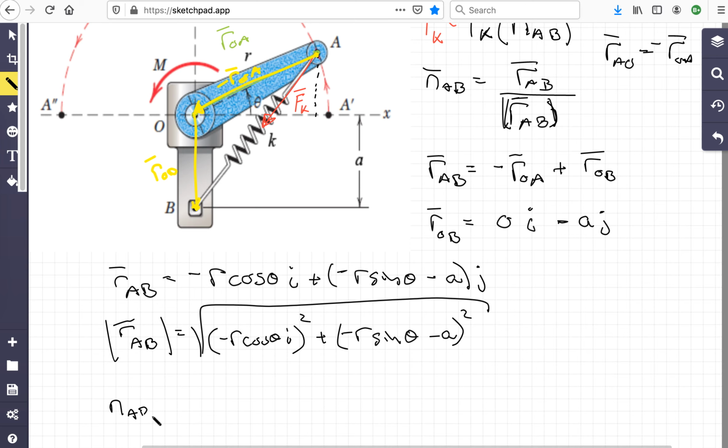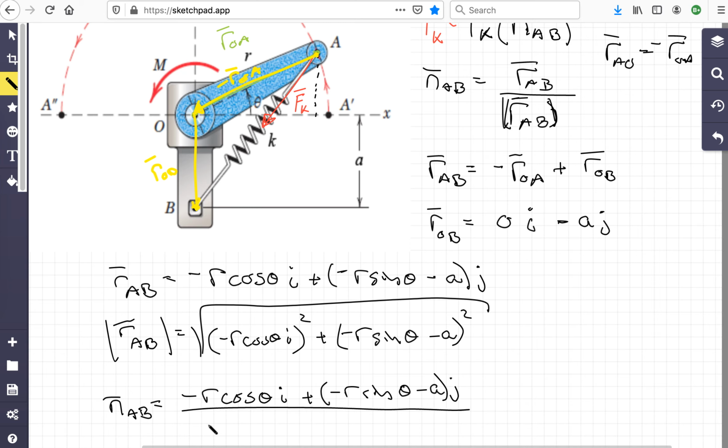So what we can do now, again, to find the unit vector is just as simple as this. The unit vector of NAB is negative r cosine of theta i plus the negative r sine of theta minus a in the j divided by the square root of this guy.